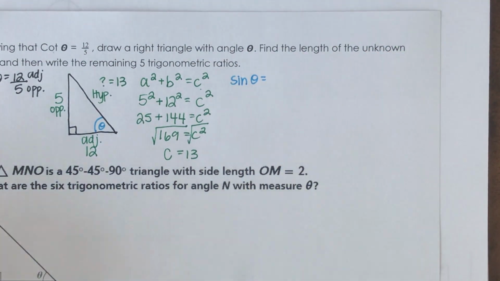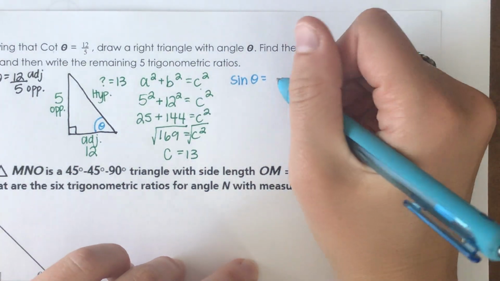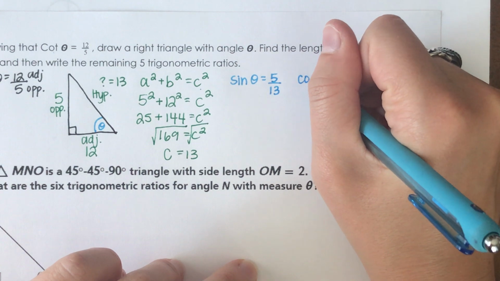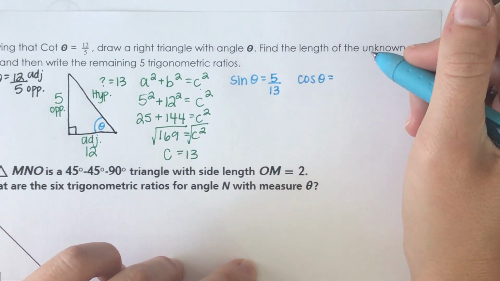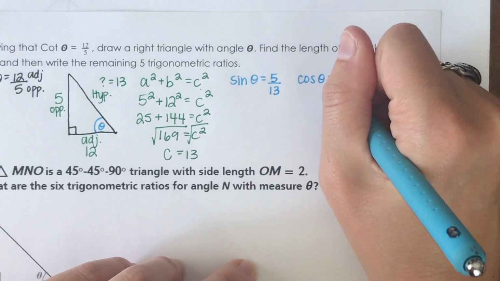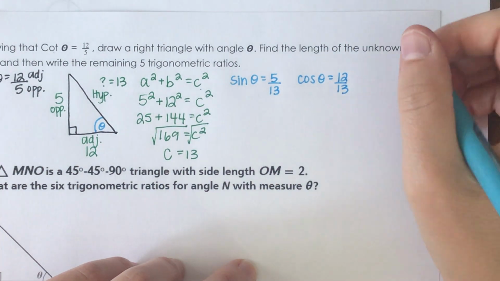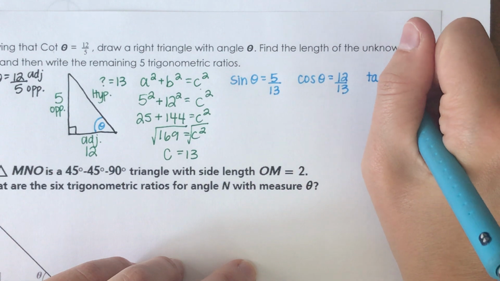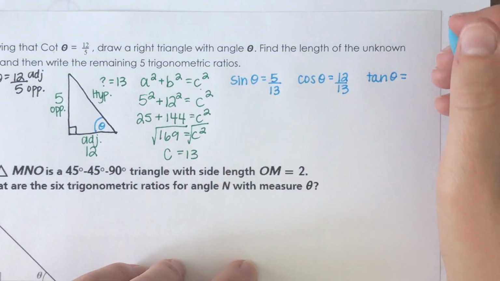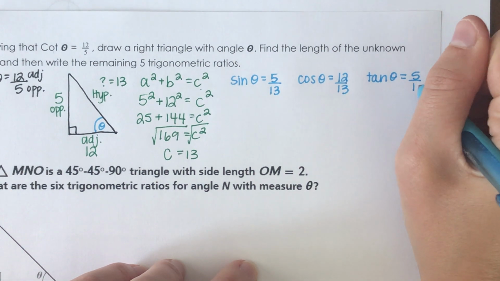Okay, so sine is opposite over hypotenuse. So 5 over 13. Cosine is adjacent over hypotenuse, so 12 over 13. And then tangent is opposite over adjacent, so 5 over 12.